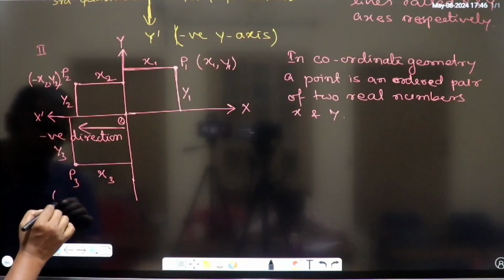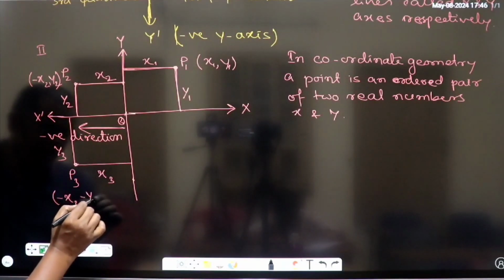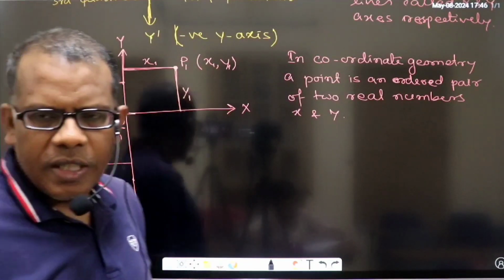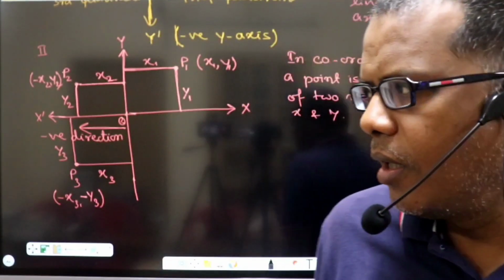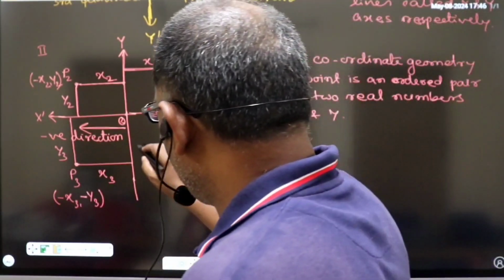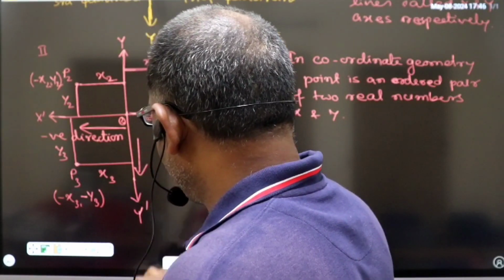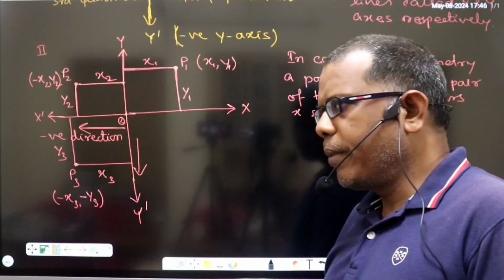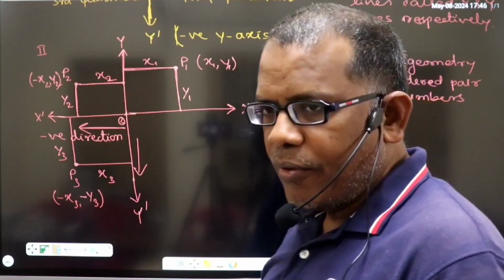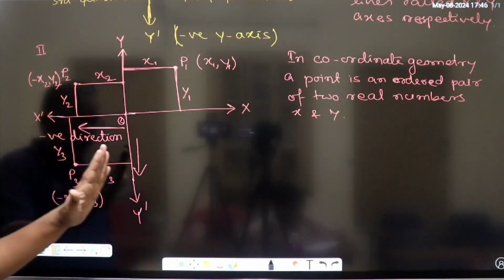Here the point P3 will be written with both x3 and y3 negative, because a position in the third quadrant is negative measurement x-axis wise, and similarly negative y-axis wise also. Are you getting me? That's why both x and y coordinates are referred to with the negative sign depending on the distance measured, right?